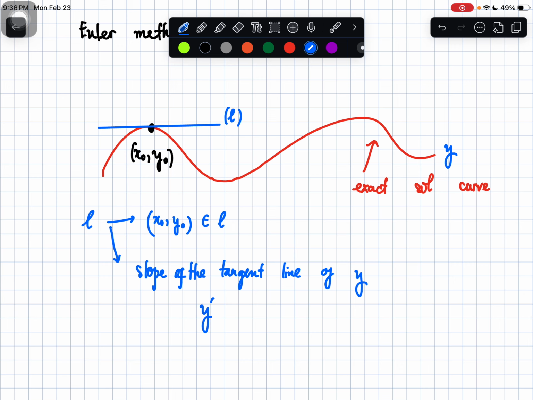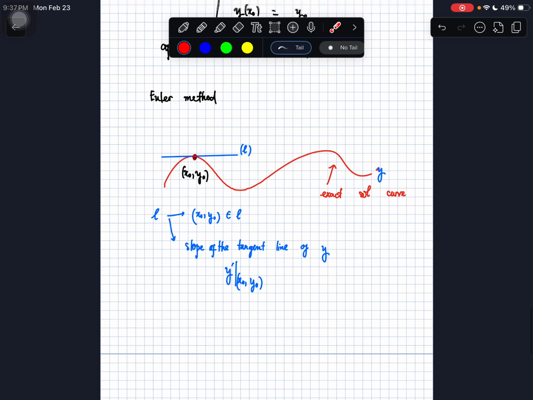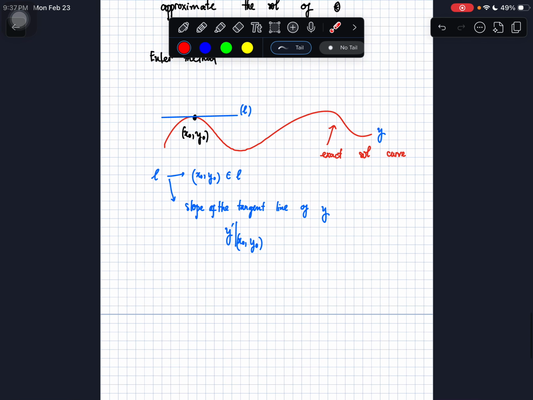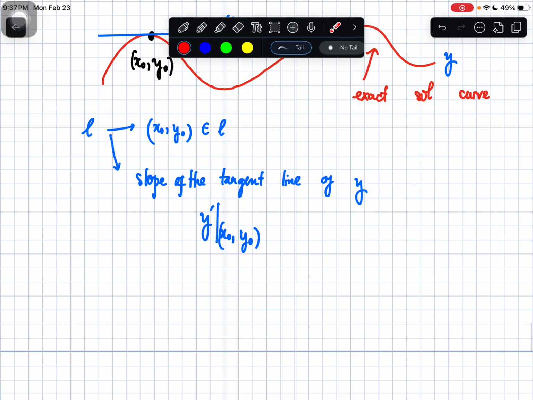So the derivative at the point (x0, y0) will give us the slope of the tangent line of this curve at this point. But the initial value problem says that y prime is f(x, y). So y prime at (x0, y0) is f at (x0, y0).